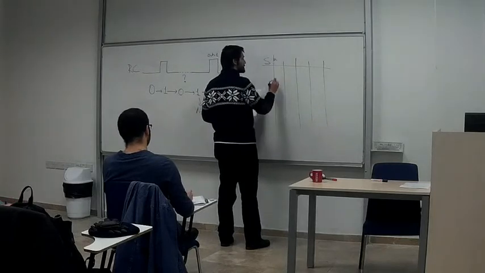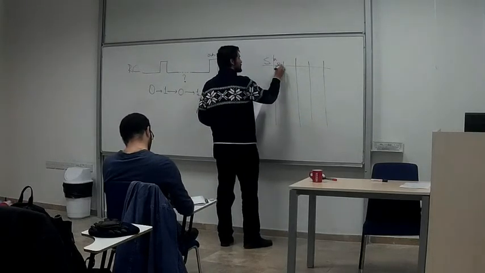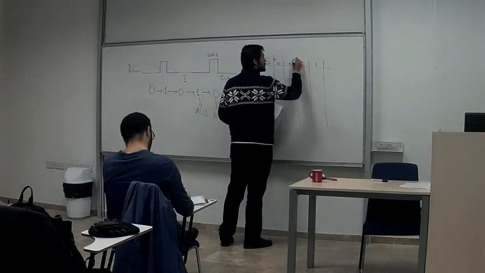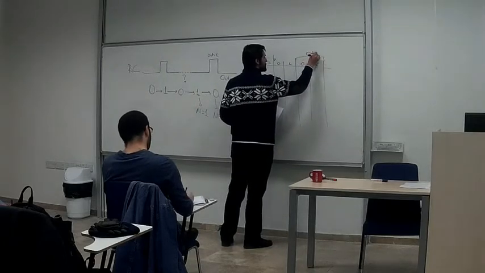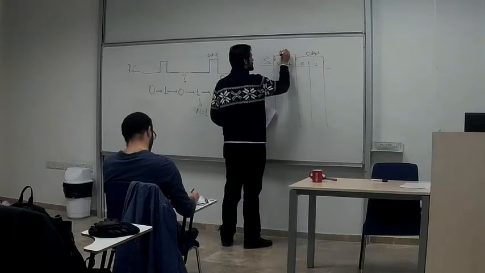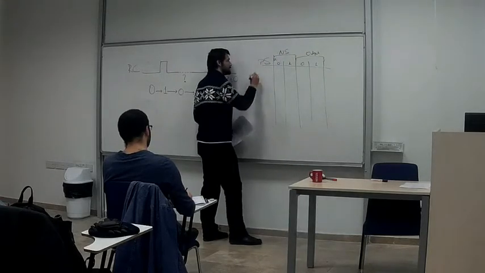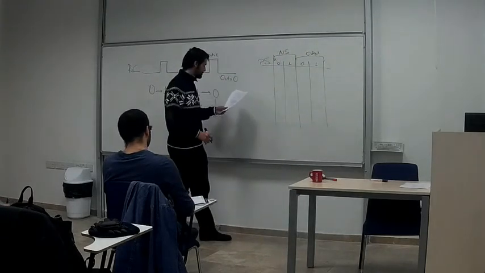So RC is a 1-bit variable, so it's 0, 1. This is for output. This is for next state. This is present state. Okay.